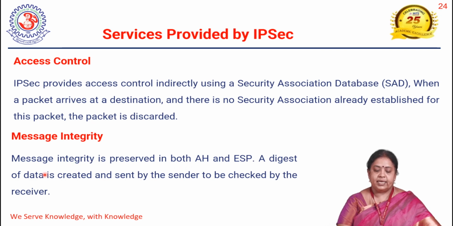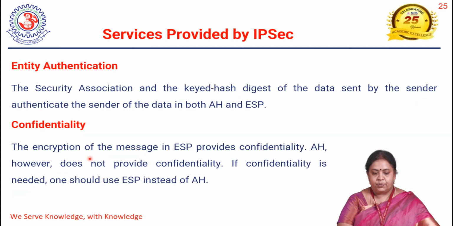Whatever data has been created and sent by the sender has to be received. So the receiver checks whether the data is exactly what the sender sent. For that purpose we calculate the message digest. This integrity is provided in both the AH protocol as well as the ESP protocol.